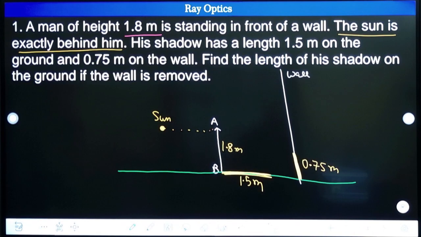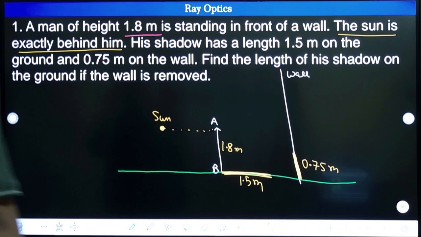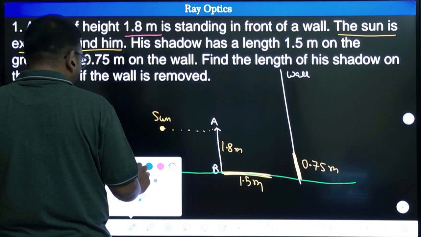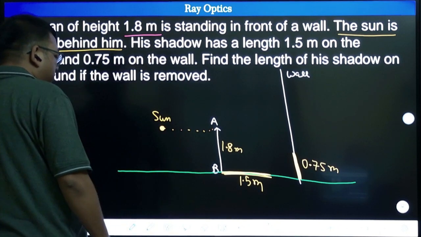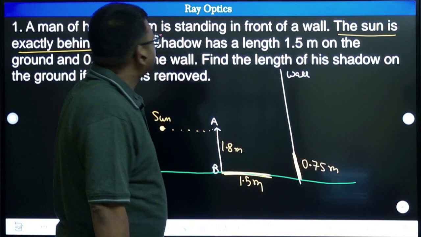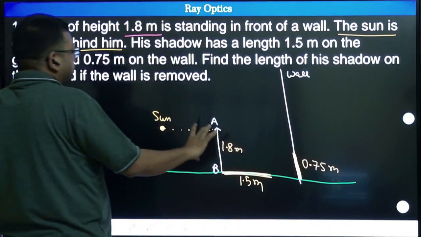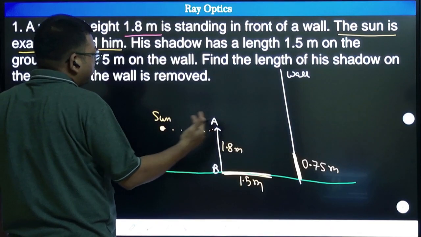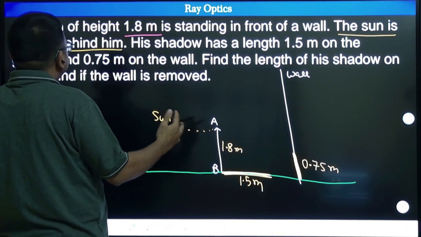Anyone have any idea how to do this? Sun is exactly behind him means what? The source of light is exactly, sometimes things are not clear, we have to interpret it properly from the question. So the height of the man is clear, right? He's standing in front of wall. Sun is exactly behind him.